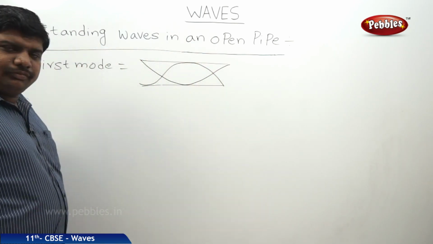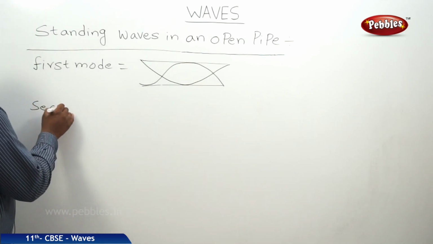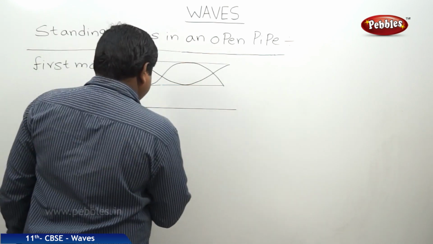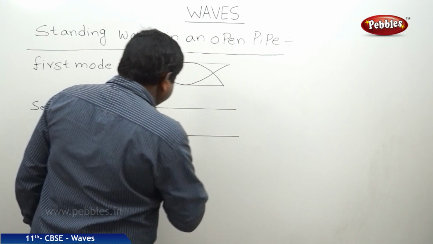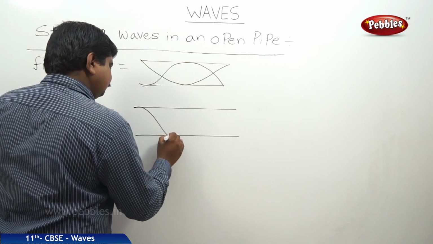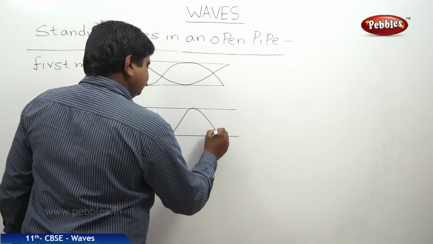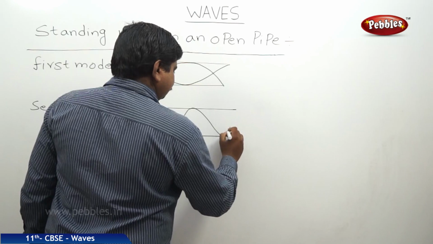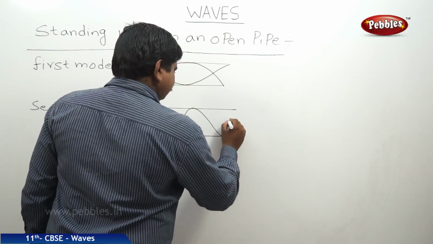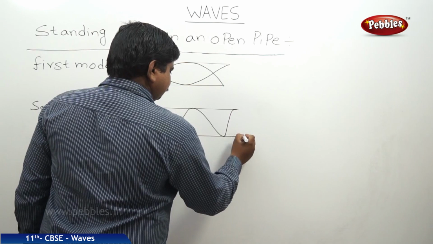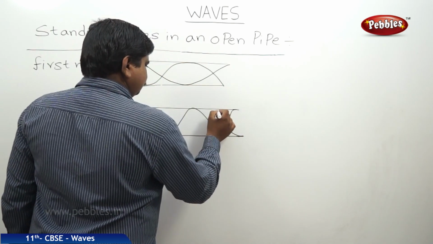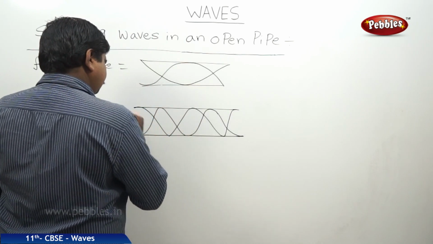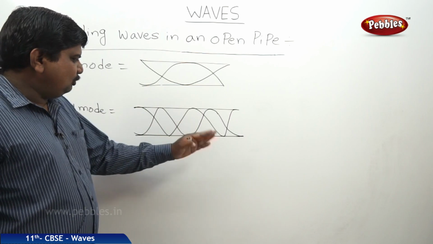Second mode, which contains only 2 loops. So we can extend this one like this. Here it is creating 3 loops.